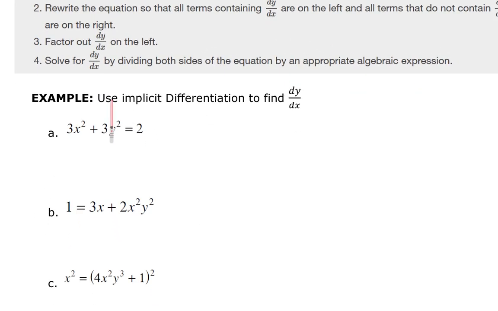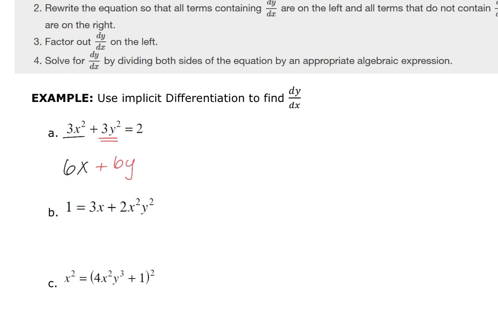So if we're asked to use implicit differentiation to find dy/dx, we're just going to use our regular derivative rules. The derivative of 3x squared using our regular rules of differentiation becomes 6x. Now here is a term with y. It's not a function, it's just y, a variable. So this is still going to be 3 times 2, which is 6y.